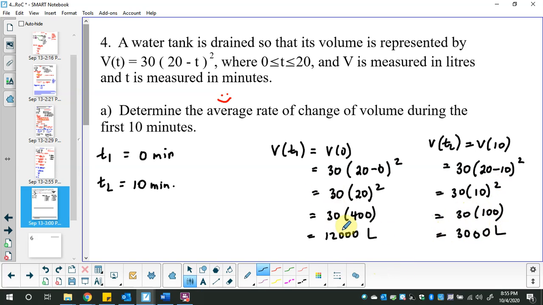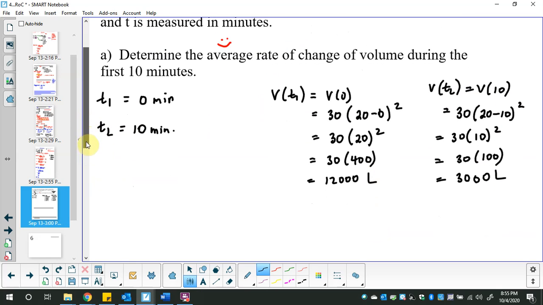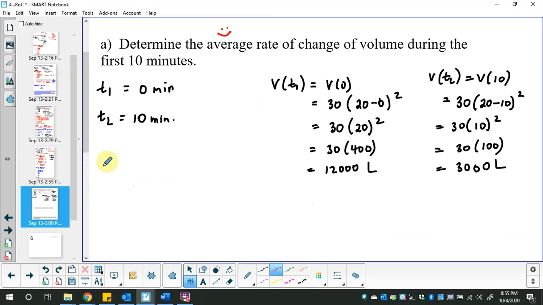So this makes sense that the starting value of water in the water tank is higher than a time between the 0 and 20. So now I can just do the average rate of change. Piece of cake. And it's rate of change of volume, not that that matters.